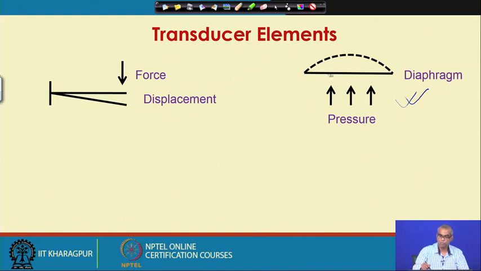So, this is the diaphragm. If you apply pressure, there will be deflection. So, there is a displacement. This displacement needs to be measured. If we apply force here, there is displacement.